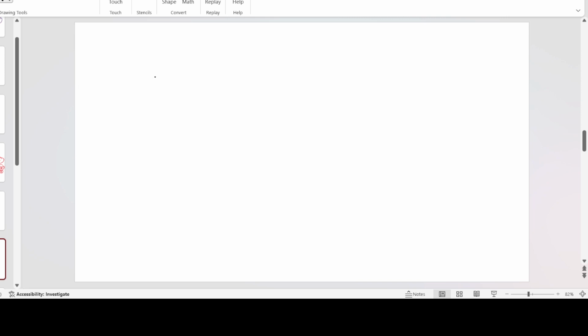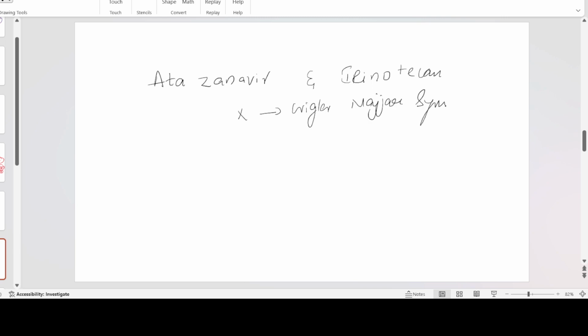So what is it trying to tell us? You have drugs known as atazanavir and irinotecan, and we are not supposed to give them to patients with Crigler-Najjar syndrome. Why? Because Crigler-Najjar syndrome is a rare disorder, remember that, where there is decreased glucuronidation.